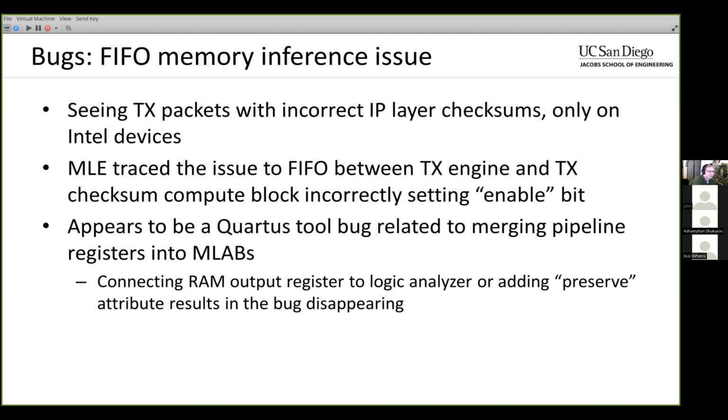Then we have the FIFO memory inference issue related to the Intel devices. I know we talked about this a little bit before. I don't know if there are any updates from MLE in terms of getting this tracked down. Seems like what's been going on is something in relation to the Quartus tools not using MLABs correctly for some of the FIFOs, and the result is effectively data corruption, where it's playing out stale data when it's not supposed to.